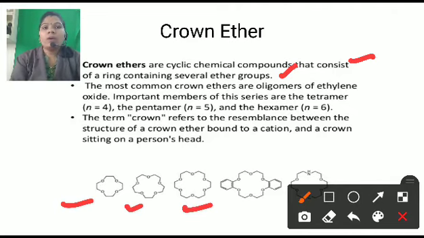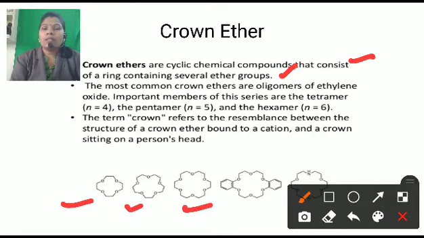The most common crown ethers are oligomers of ethylene oxide. The important members of this series are the tetramer, that is n equals 4, the pentamer, n equals 5, and the hexamer, n equals 6. The term crown refers to a resemblance between the structure of the crown ether bound to a cation and a crown sitting on a person's head.